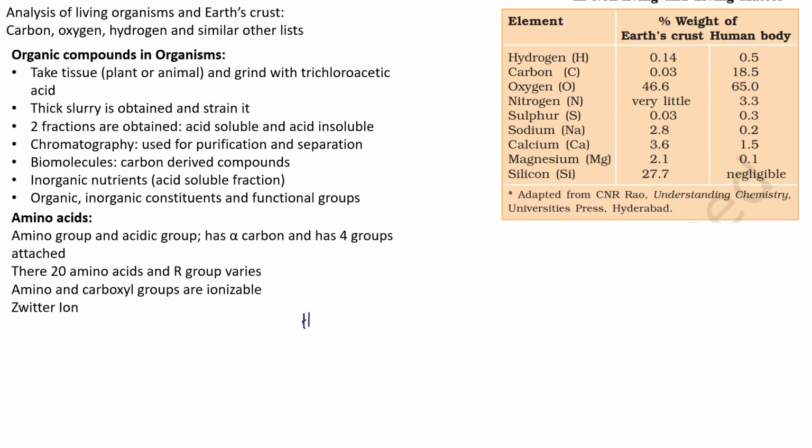For example, we have this one, with the alpha carbon and R group, and we have hydrogen and the carboxyl group, this one. Next we have one more structure, with COO minus.